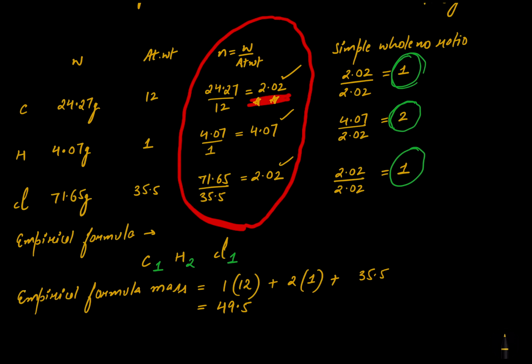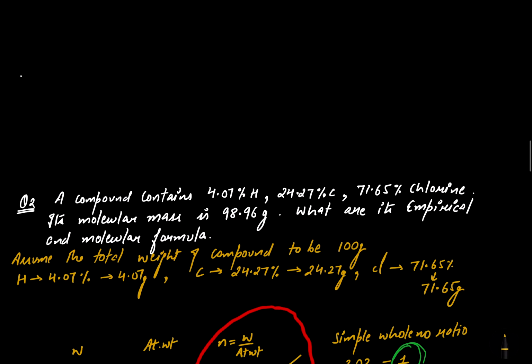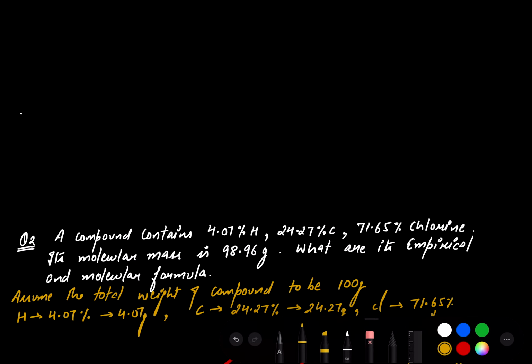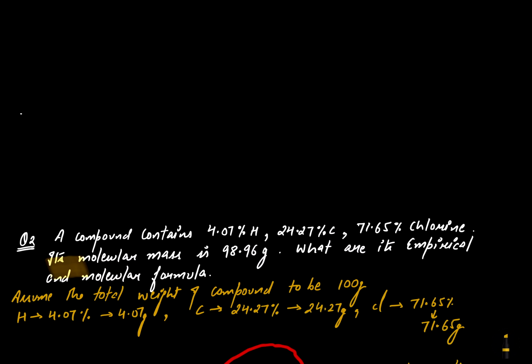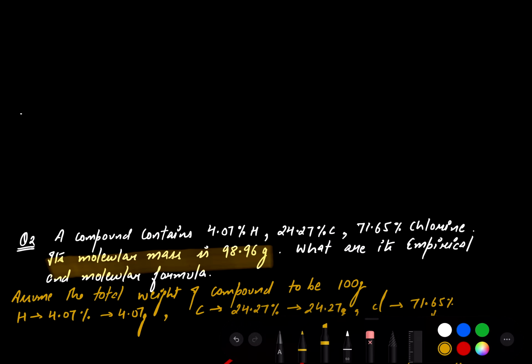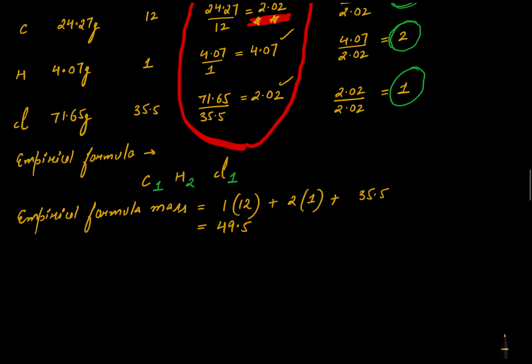Now let's get back to the question. What he's saying here is its molecular formula mass is 98.96 grams. So this is given in the question. Molecular formula mass is given in the question, that is 98.96 grams.